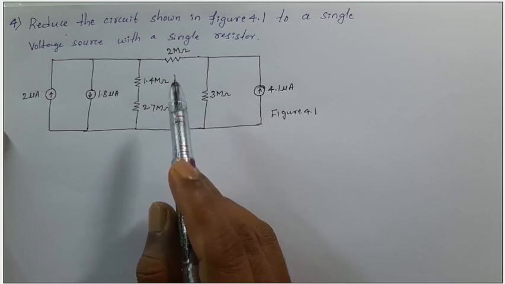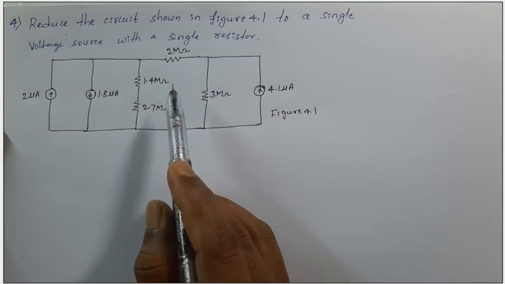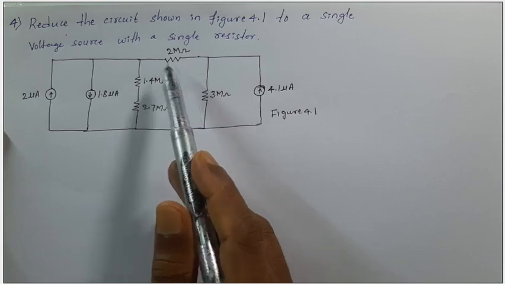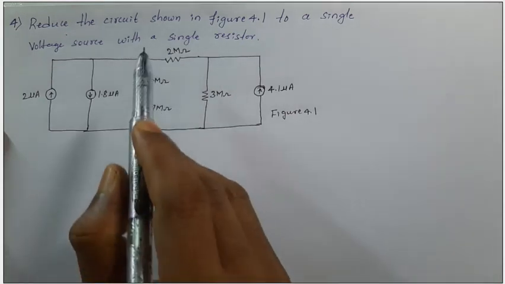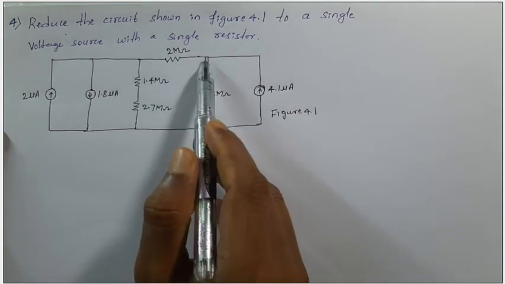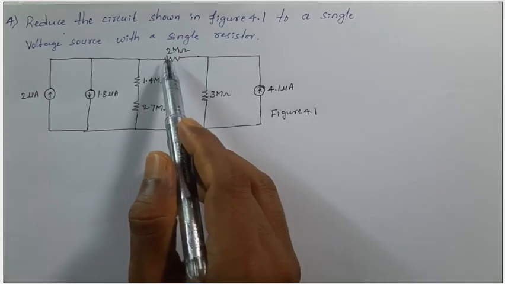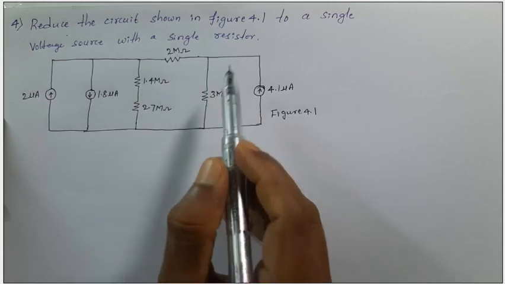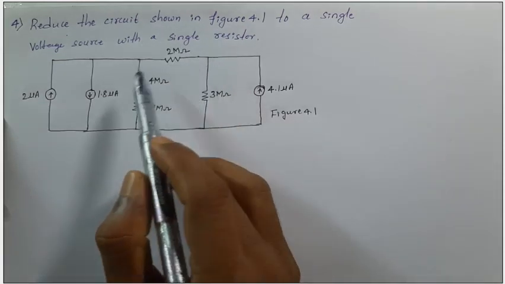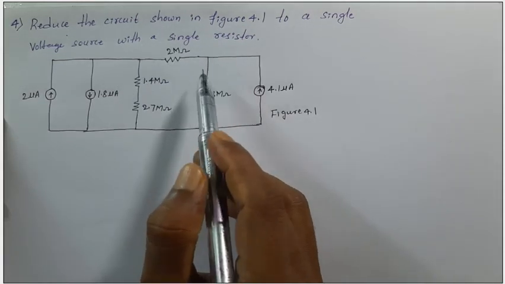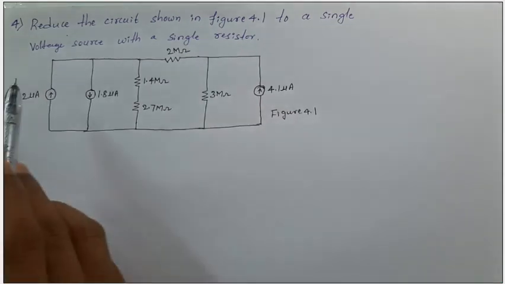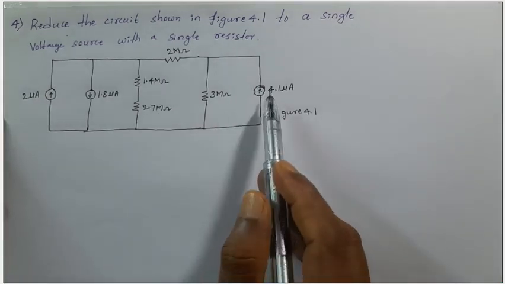So far we have reduced the circuit based on some current or voltage, for example across some resistor or across some given points. Whereas here in this particular numerical, he has not told anything about where to reduce the network. Because of that, we can reduce this network either from left to right or from right to left.